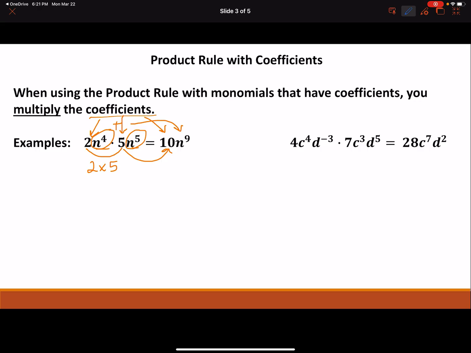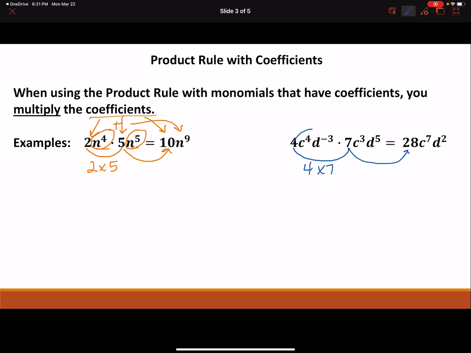Same thing over here on the second example. We have 4c to the 4th, d to the negative 3rd, times 7c to the 3rd, d to the 5th. So I'm going to take this coefficient 4 and this coefficient 7, and multiply those two, and that's going to give me 28.